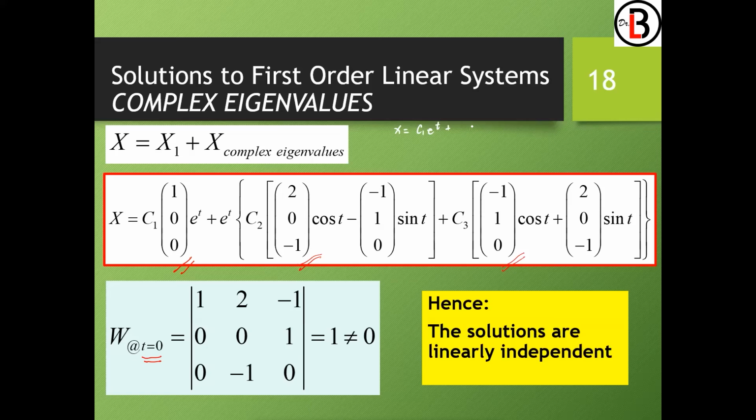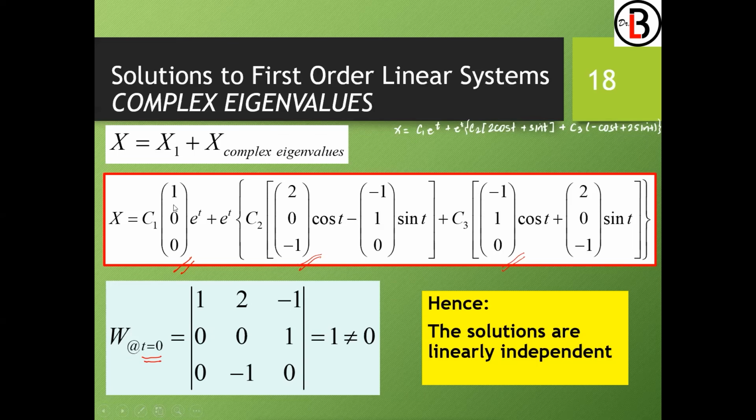So 2 cosine t plus sine t, and then this one is plus c3 negative cosine t plus 2 sine t, and then both of them we have e to the t. So if it's 0, you can choose not to write it anymore.